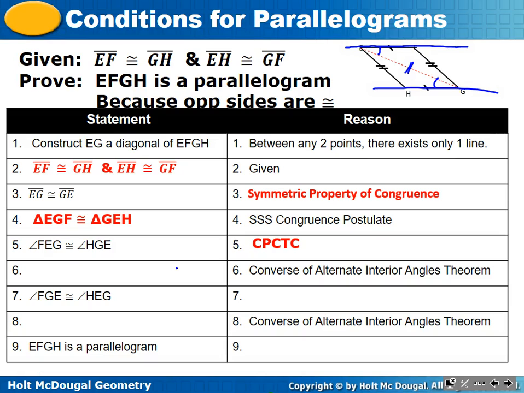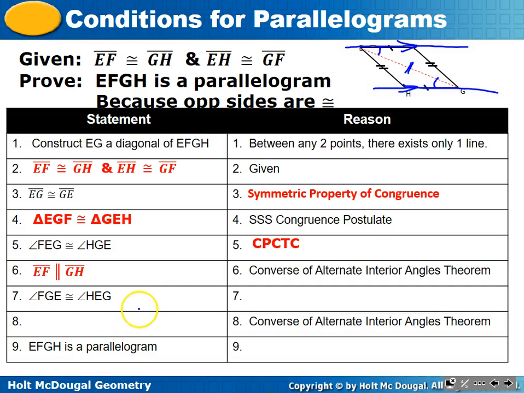Now, if we can say that those are in alternate interior angles position, and they are, and they're congruent, then that means we can say that this side is parallel to that side. So we can say then that EF is parallel to HG or GH.